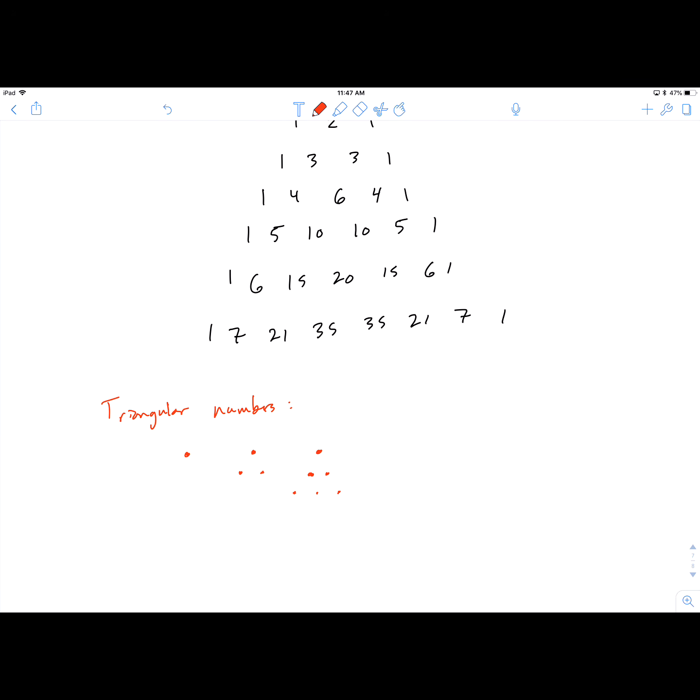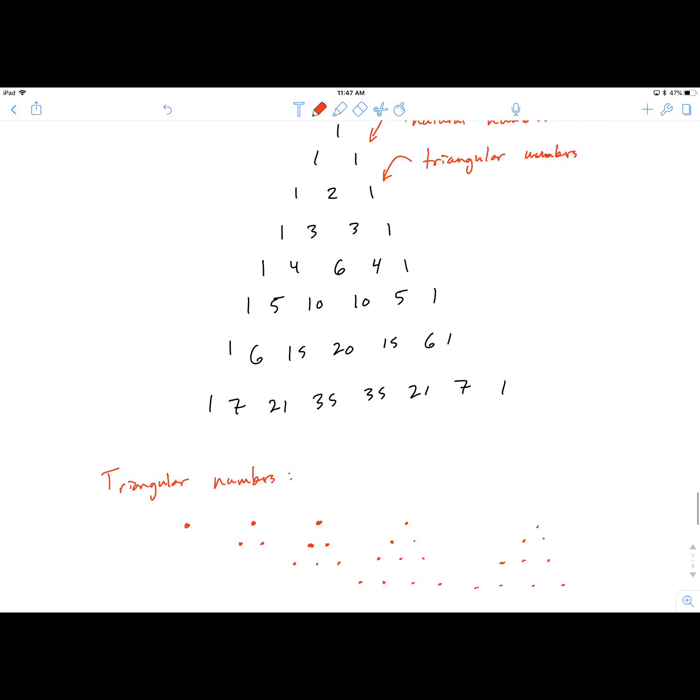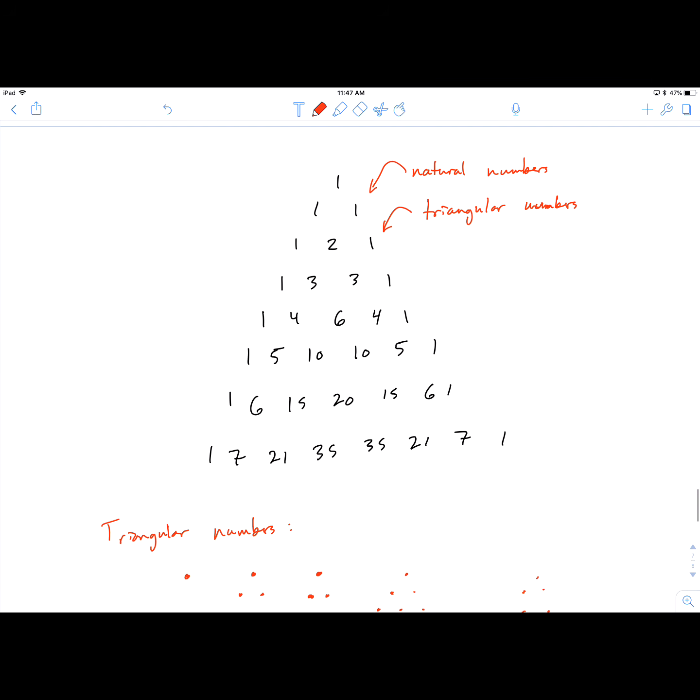If you add another row below that, it would need to have 4 dots in it. That would look like that. So there's 10. Another row below that would need to have 5, and so that's a total of 15, and so on. And so the number of dots in each of these pictures is following this pattern of these triangular numbers.